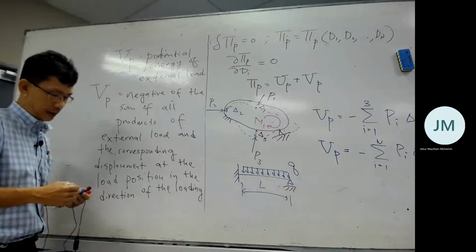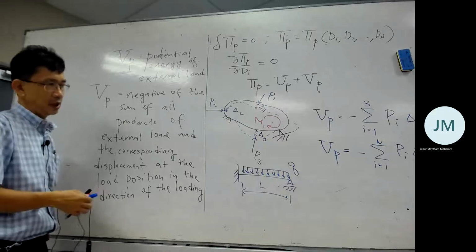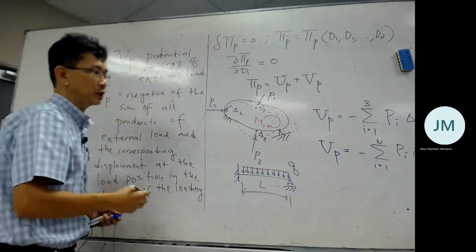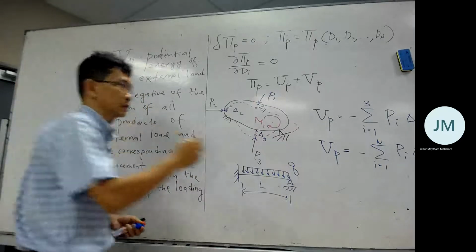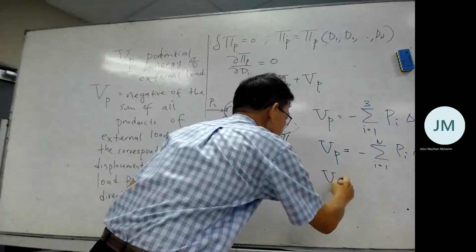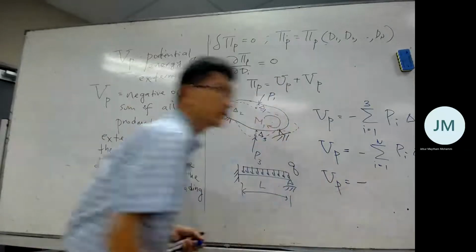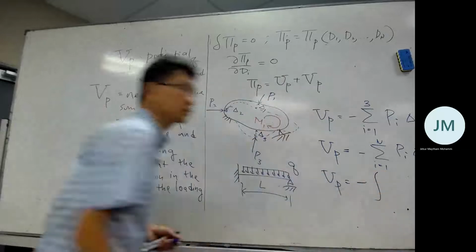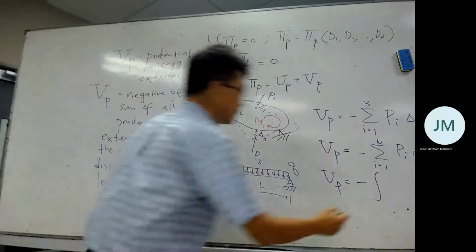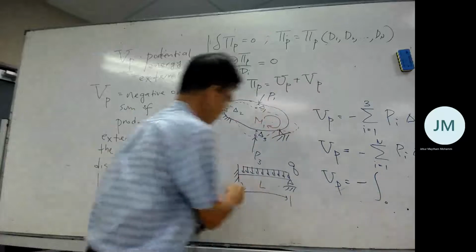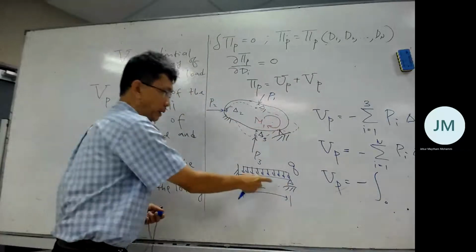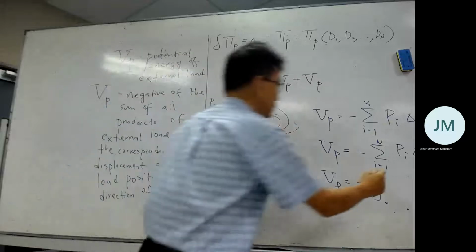Then for this case, the VP is still based on these definitions, but we need to do integration. The VP here will still be negative. Because it is distributed, you have to integrate from 0 until where it is acting. If it is the whole range, then L. If it is part of it, then that range only.